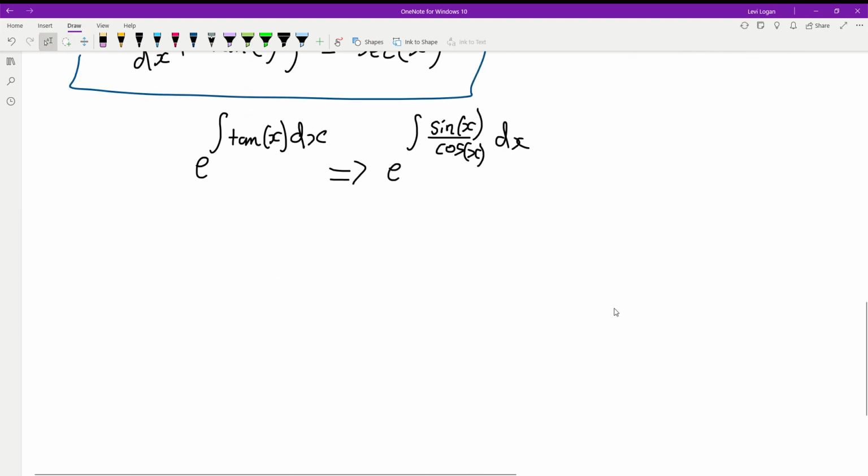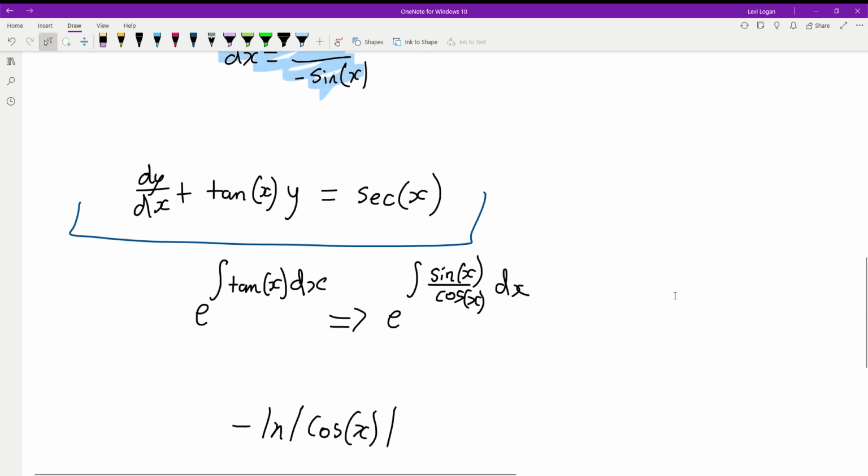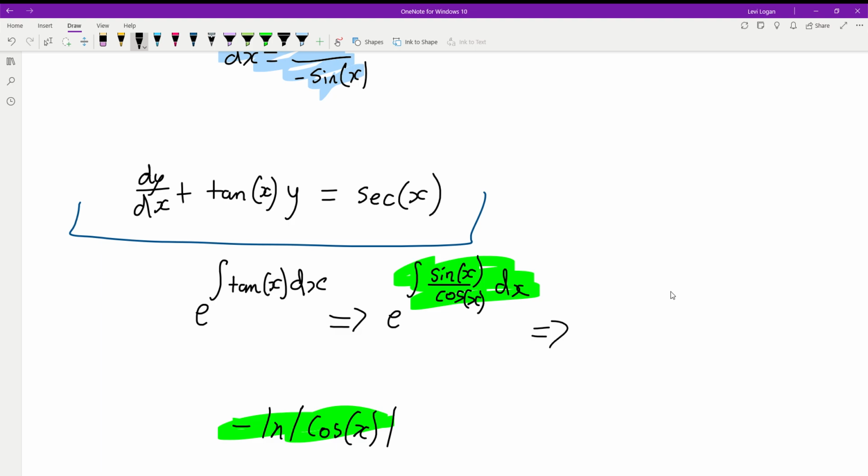So here, because we know what that turns into, we can rewrite it like this: e to the negative ln |cos x|. Now we can pull the negative on the inside and raise it to the power.